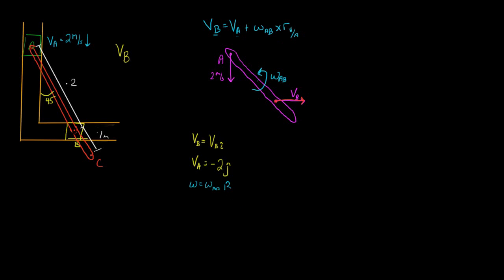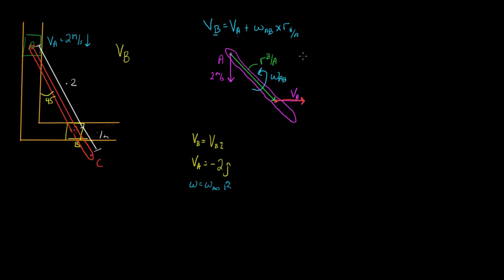And this position vector of B with respect to A, since it's with respect to A, it starts at A and goes to B. So this is our position vector r of B with respect to A.